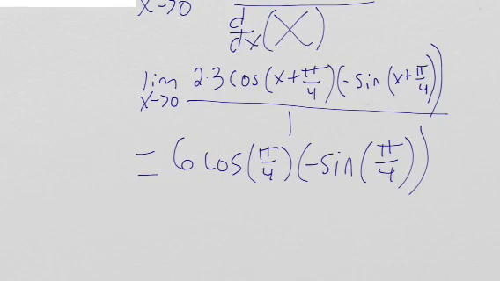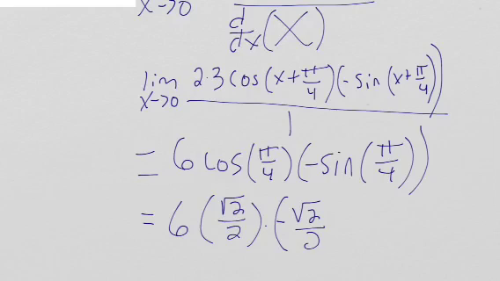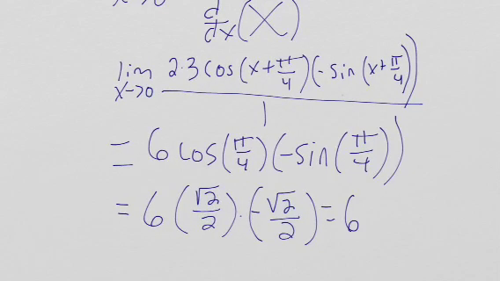So then cosine of pi over 4 is root 2 over 2, so we get 6 times square root 2 over 2 times sine of pi over 4, which is also root 2 over 2, but we're going to get negative because the negative's up front. That negative right here, don't forget about that guy. So this is going to equal 6. When you do root 2 times root 2, it's just 2.